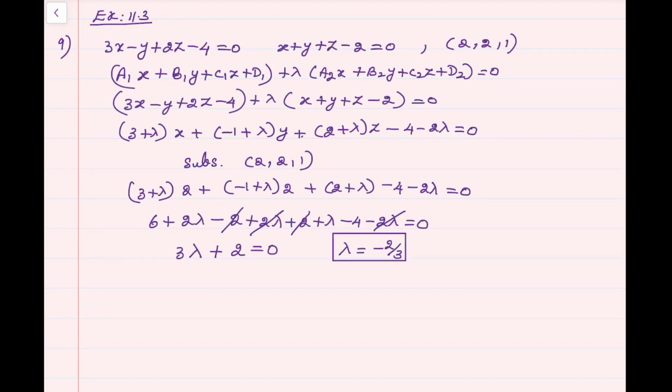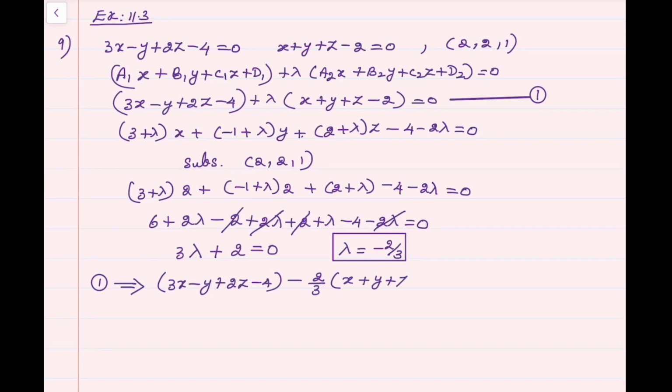Now, let us substitute this value of lambda in equation number 1. Therefore, equation 1 becomes 3x minus y plus 2z minus 4 plus lambda times, lambda is minus 2 divided by 3, times x plus y plus z minus 2 is equal to 0.